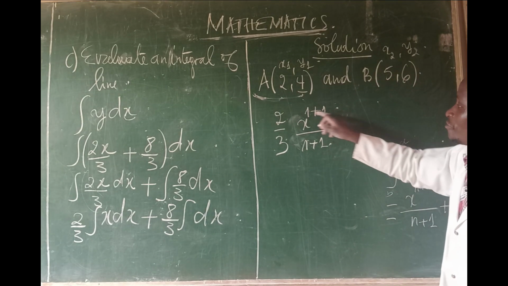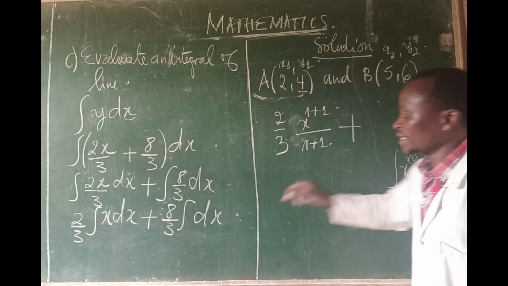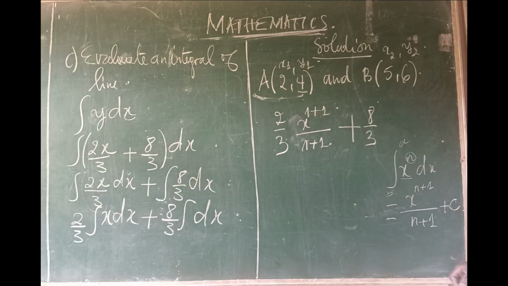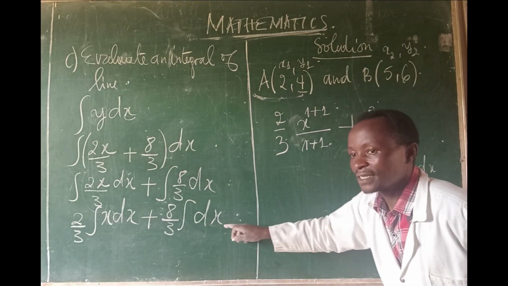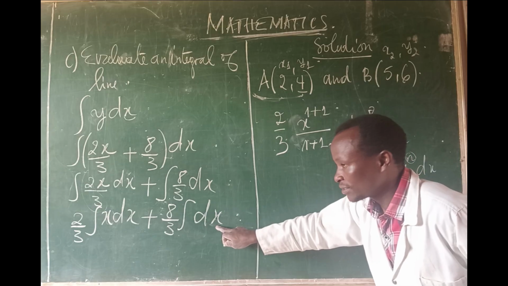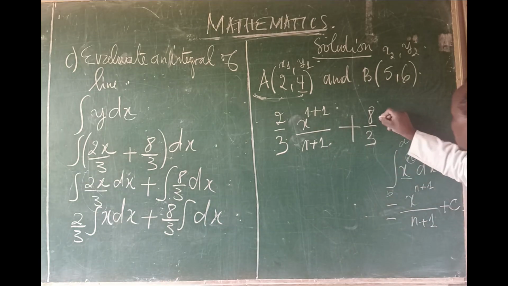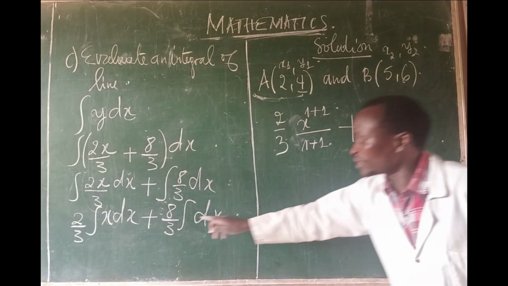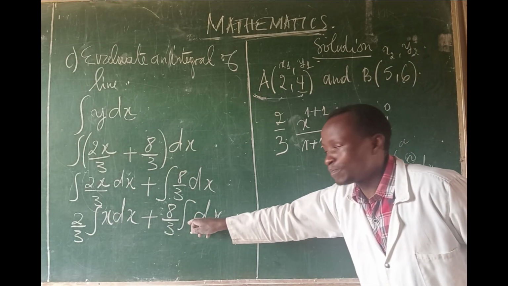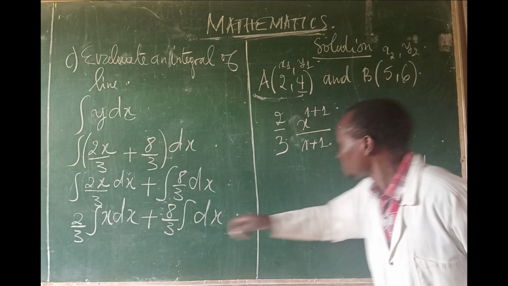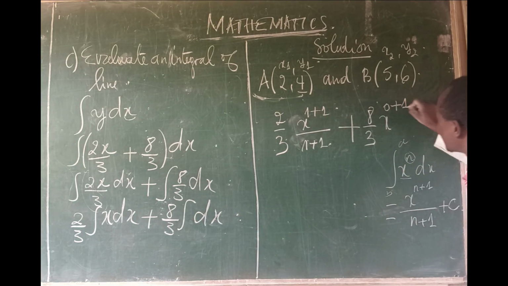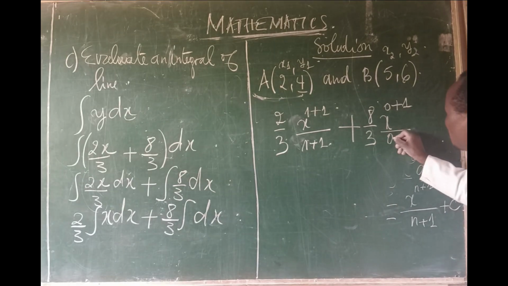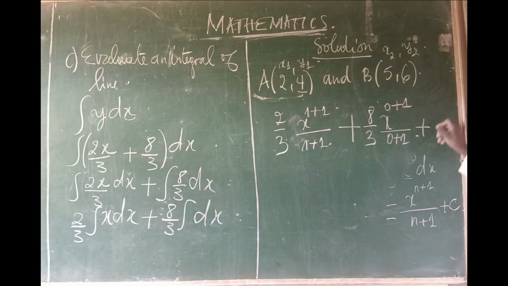Plus 8 over 3, we are integrating with respect to x, right? It means you should take x to the power 0, because x to the power 0 is equal to 1, the one that you have here. Plus, because you are integrating, the power increases: 1 over 0 plus 1, plus constant c.